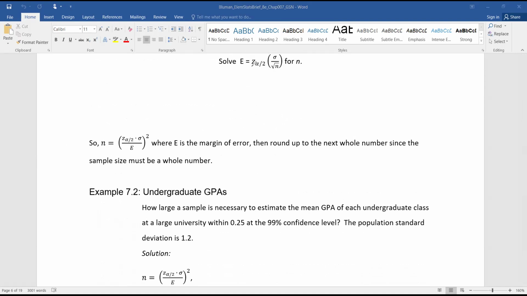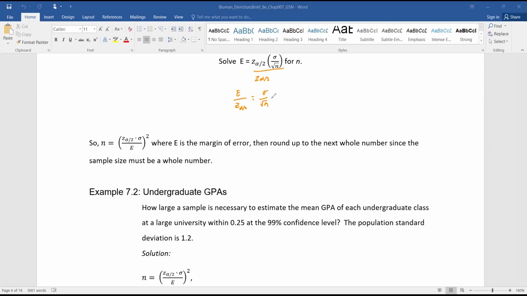So first thing I'm going to do is I'm actually going to divide by this z alpha divided by 2. So that'll get me E divided by z alpha divided by 2. I now get a population standard deviation divided by the square root of n. At this point, I need to get that n.